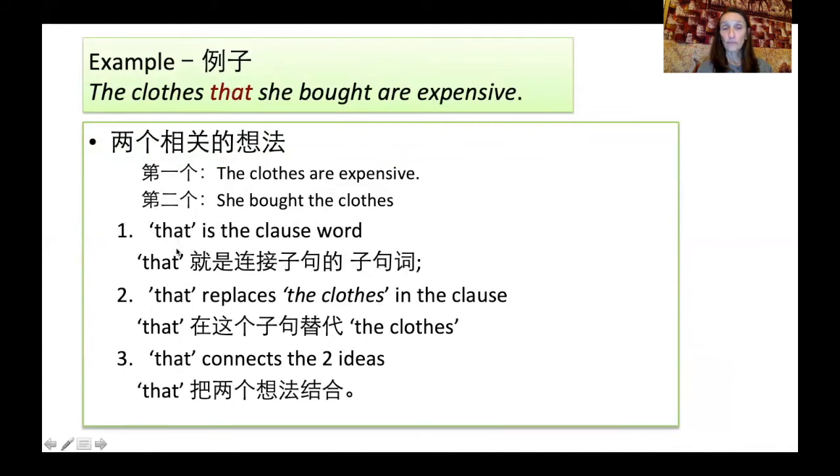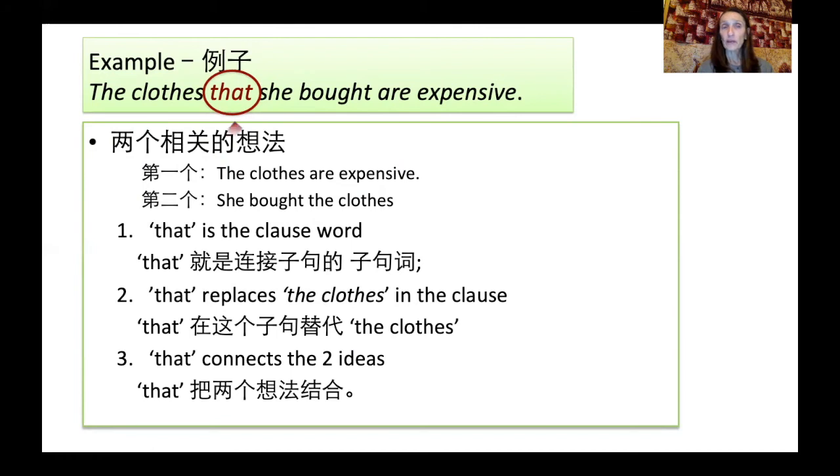That replaces the words the clothes in the clause. That connects the two ideas.